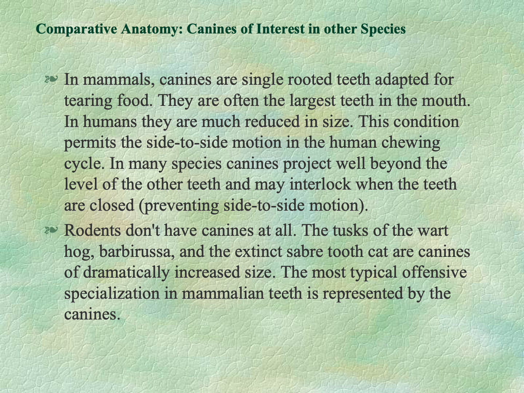In many species, canines project well beyond the level of the other teeth and may interlock when the teeth are closed, preventing side-to-side motion. Rodents do not have canines at all. The tusks of the warthog, babirusa, and the extinct saber-tooth cat are canines of dramatically increased size. The most typical offensive specialization in mammalian teeth is represented by the canines.